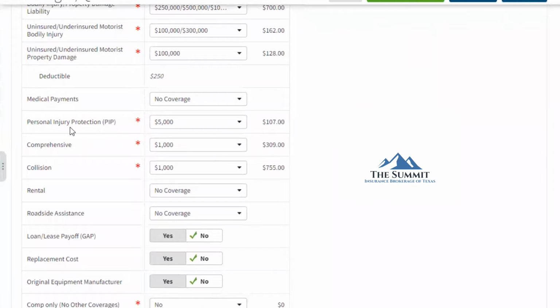All right, so comprehensive and collision, and these are typically the areas where agents will say, "Do you want full coverage?" So again, kind of going back to the idea of full coverage, what does that mean? A lot of customers think that in any case, their policy is going to pay out, regardless, because, guess what? I have a full coverage policy, and that's not really the case.